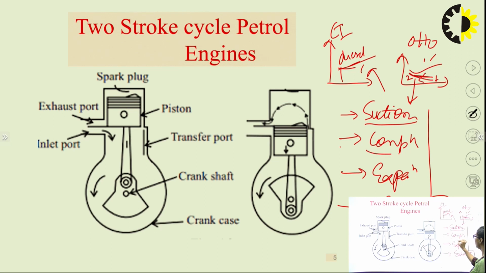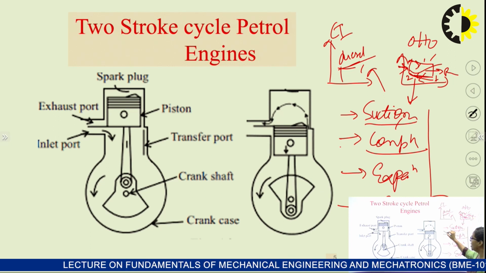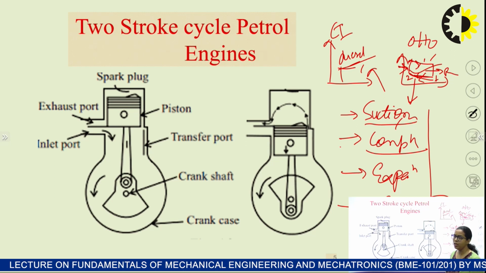Then the compression, expansion, supplying of heat, ignition, and then heat rejection. So one process is one stroke. It is very easy to follow the working of the piston and the movement of the piston.